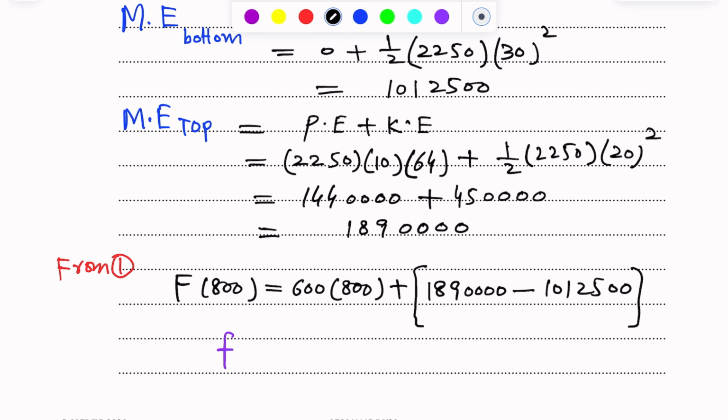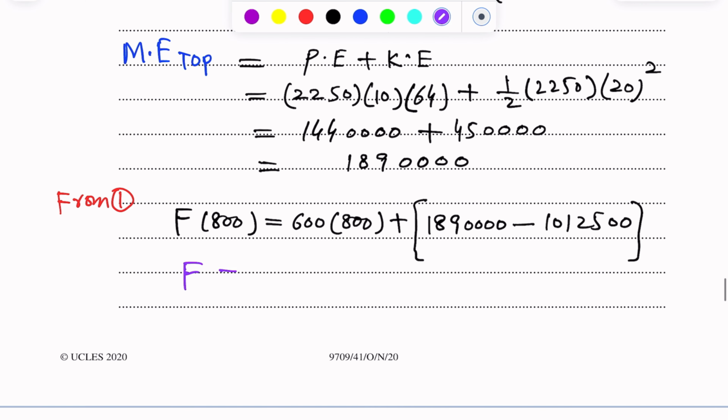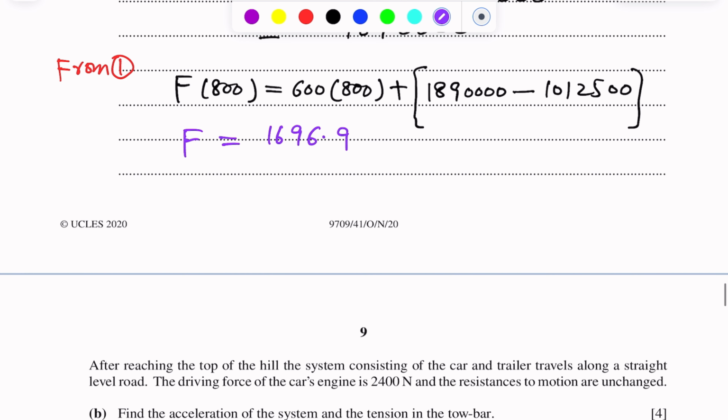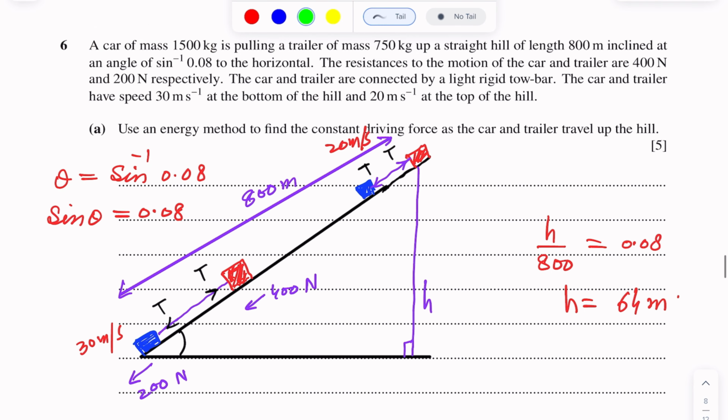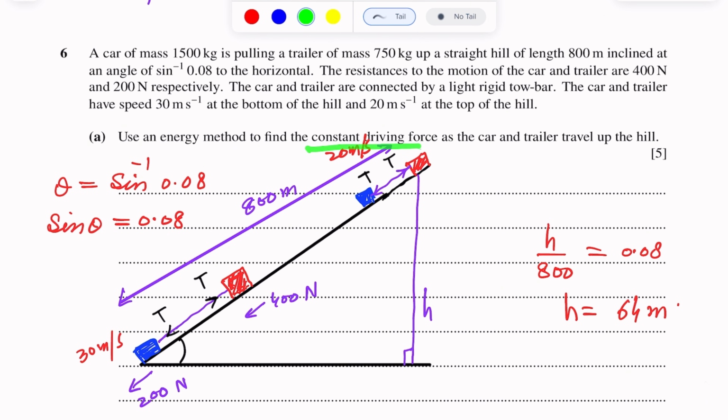So driving force will be 1696.9, and by rounding off we can write F is equal to 1700 Newton. This is the answer. 1700 Newton is the driving force as the car and the trailer travel up the hill.